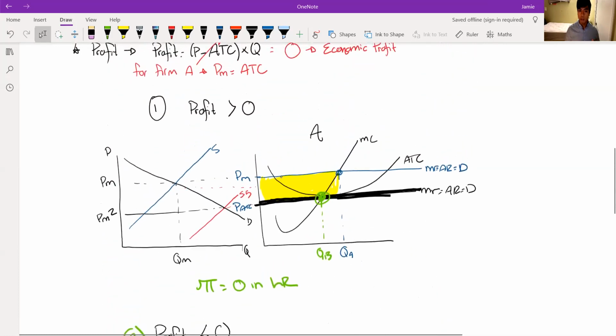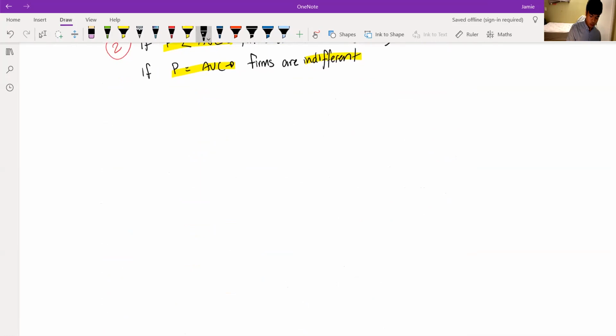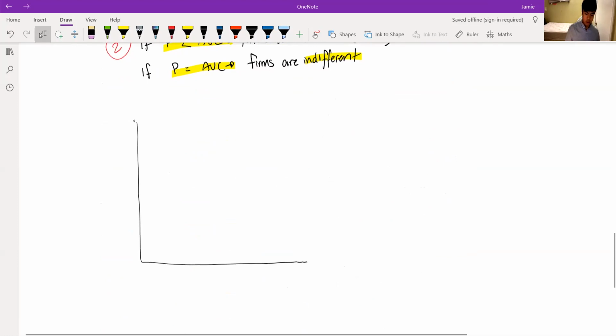A few things I want to point out for a perfectly competitive market is efficiency. So I think this is unit 3.